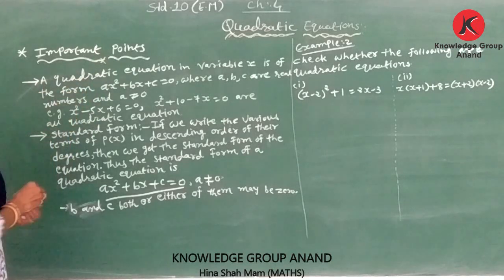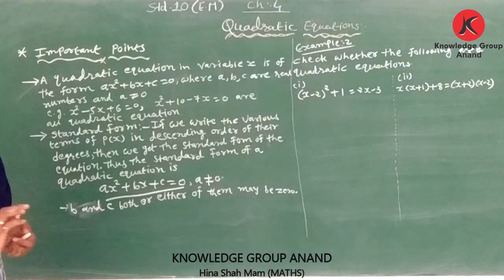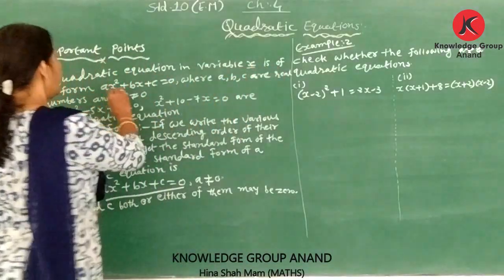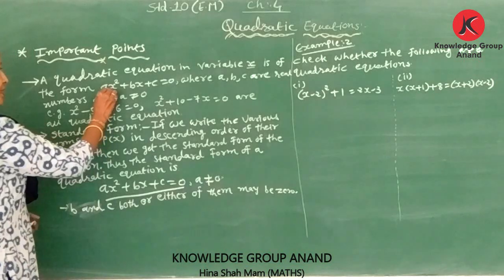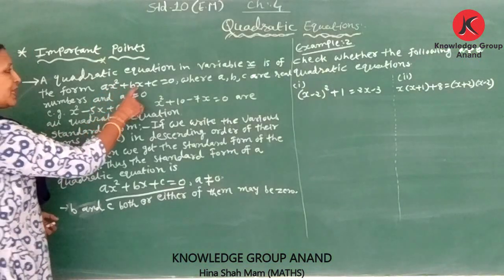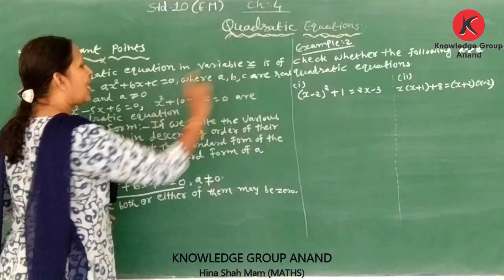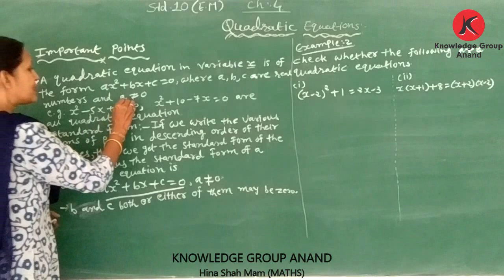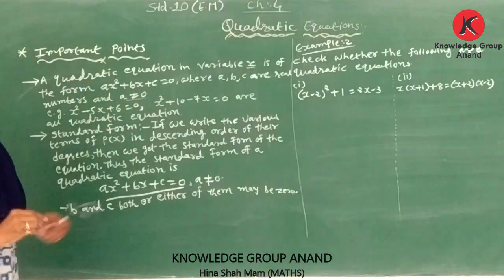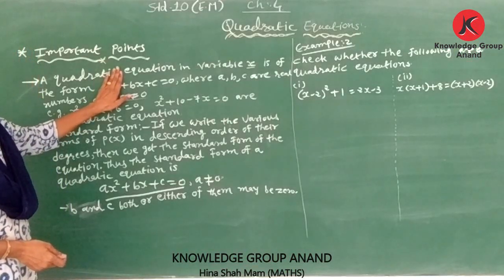Now, here we learn some important points. First, a quadratic equation in variable x is of the form ax square plus bx plus c is equal to 0, where a, b, c are real numbers and the necessary condition is a is not equal to 0. Suppose a is equal to 0, then it becomes a linear equation.